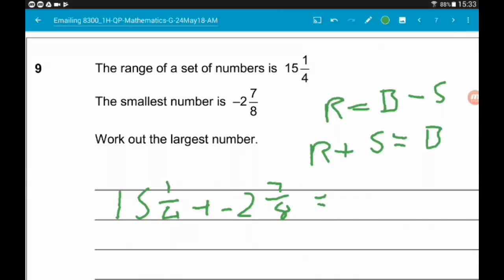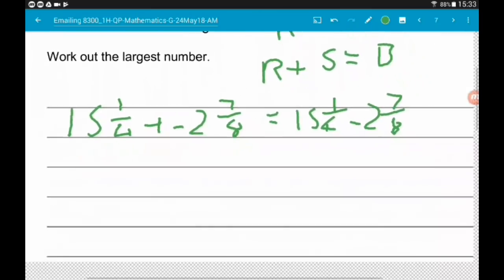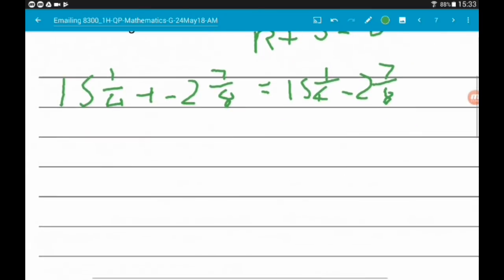So this is 15 and 1/4 minus 2 and 7/8. Okay, so what we're going to do here is turn each of these mixed numbers into an improper fraction.